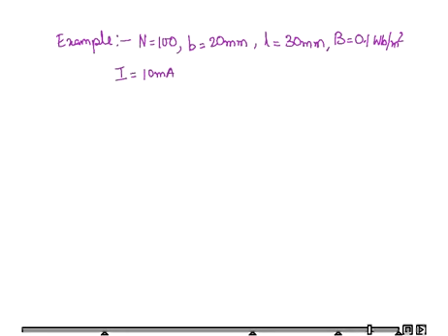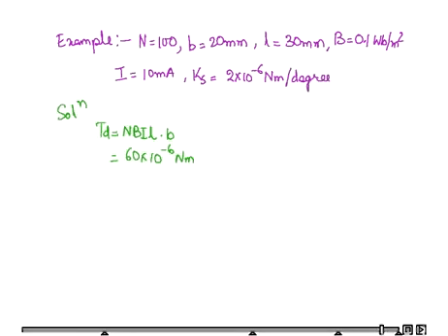Calculate the deflection if the control spring constant is 2 into 10 to the power minus 6 Nm per degree. That means Ks, the spring constant, is given as 2 into 10 to the power minus 6 Nm per degree. As we know, deflecting torque is N B I L into b.